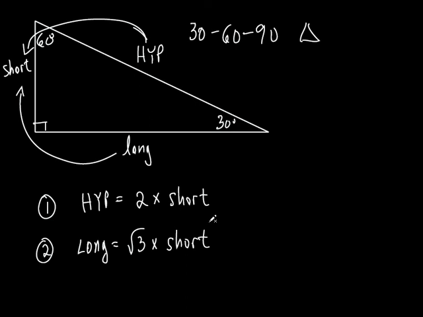We would have figured it out if I had about 5 more minutes, but we ran out of time. Hopefully tomorrow we'll be able to show you why this is true. But there you go, there's your two relationships. So on a 30, 60, 90 triangle, there are two relationships, and they both relate to the short leg.